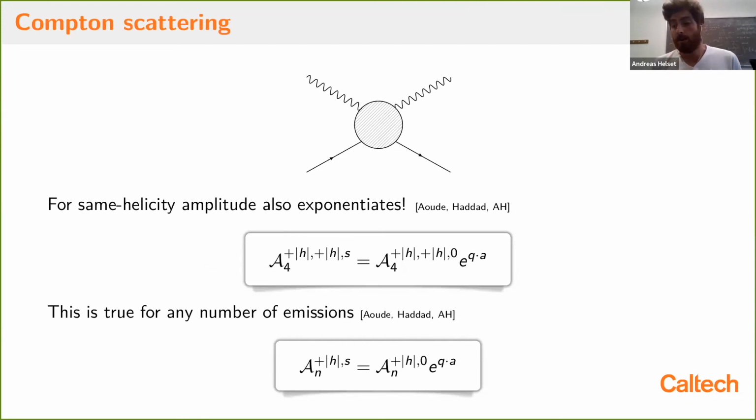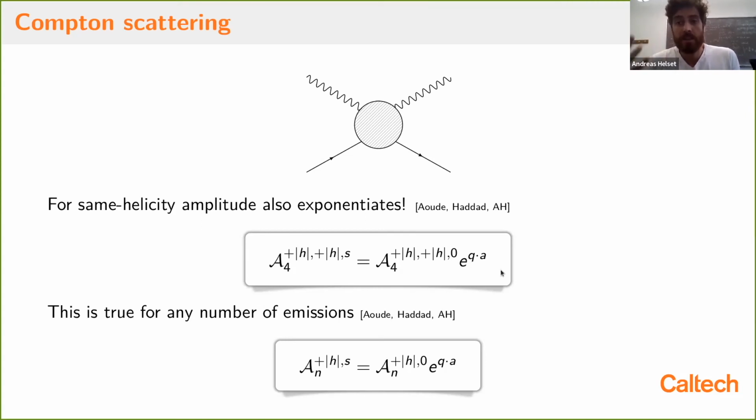And then we can say, okay, let's go further. Let's do not just one graviton, but two. And if these gravitons have the same helicity, it turns out that the same thing happens. Namely, you can go from the amplitude with spin is equal to the amplitude with no spin times a factor where all the spin is exponentiated, like here.